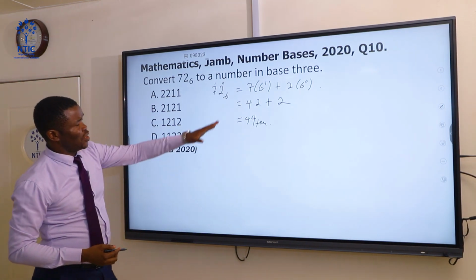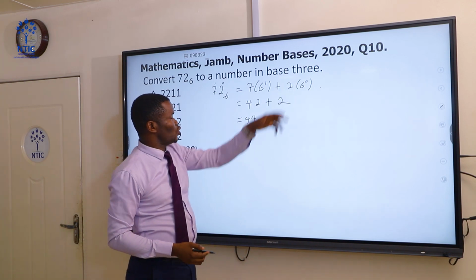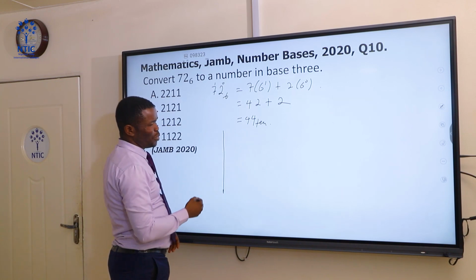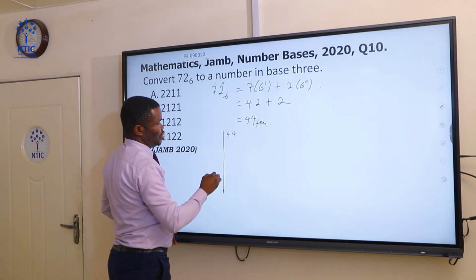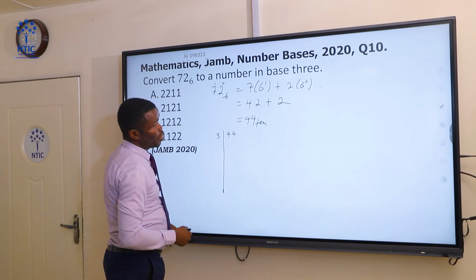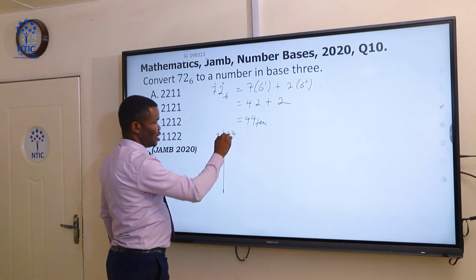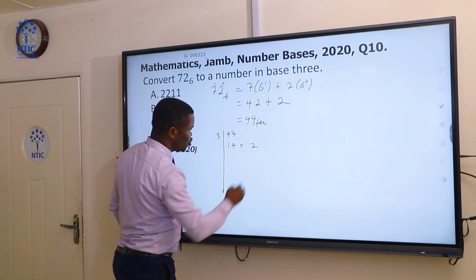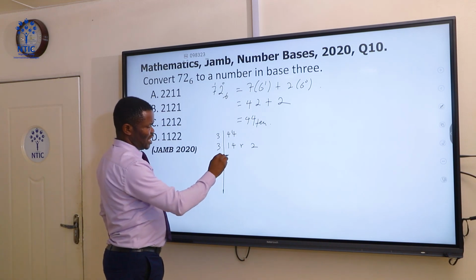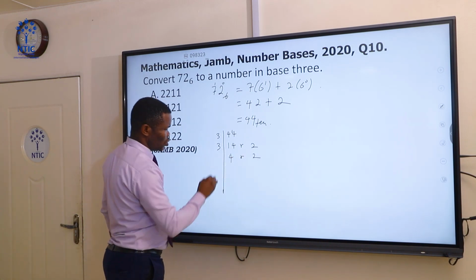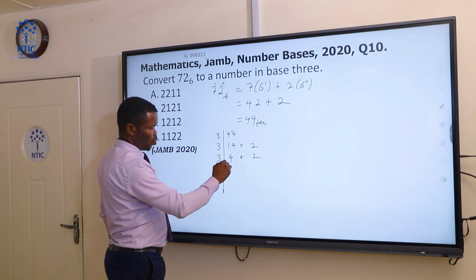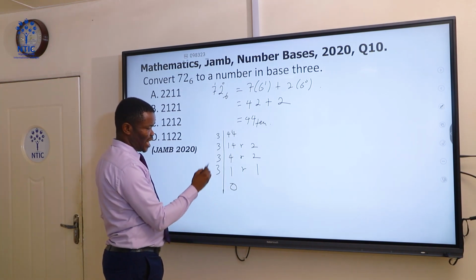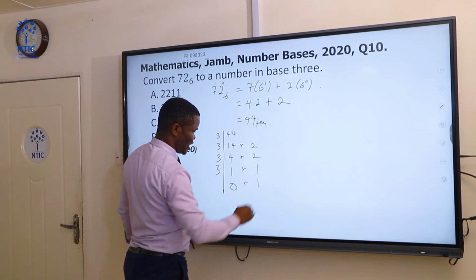Now, what will we do next? We'll convert this 44 base 10 to base 3 by using repeated division. So we are going to have 3 into 44 is 14, remainder 2, 3 into 14 is 4, remainder 2, 3 into 4 is 1, remainder 1, and 3 into 1 cannot go, so you write down the same 1.